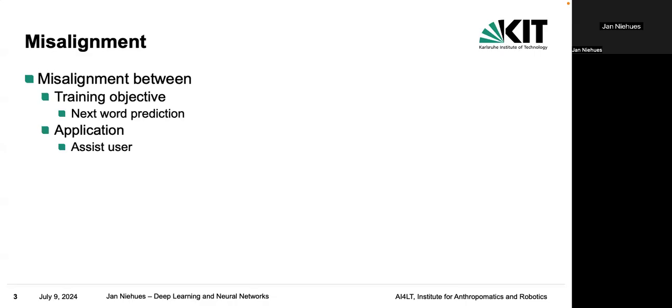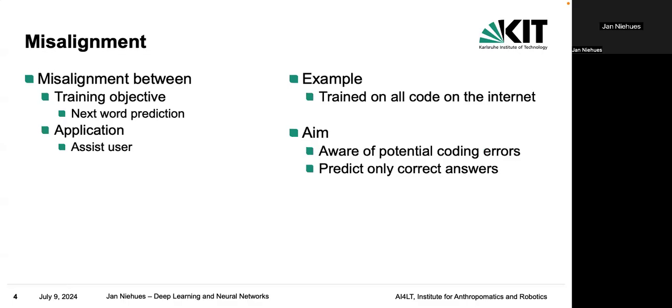To give you 2 examples, say you train your model on all the code on the internet, because you're interested in using it for coding. That means, of course, there is a lot of code with errors on the internet. I mean, a lot of people ask, like, this is the code, why does it not work, and things like that. So a lot of the data it has seen will not be correct code, but code with some type of errors.